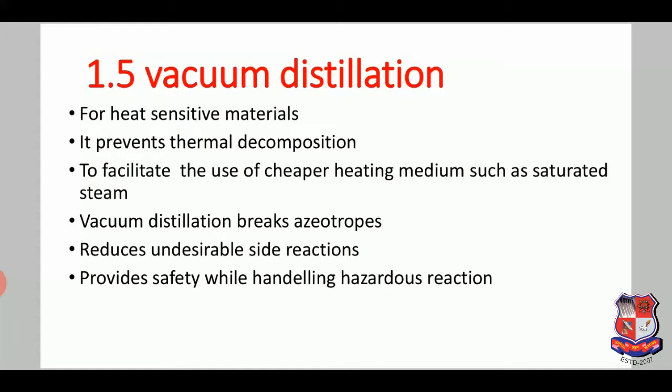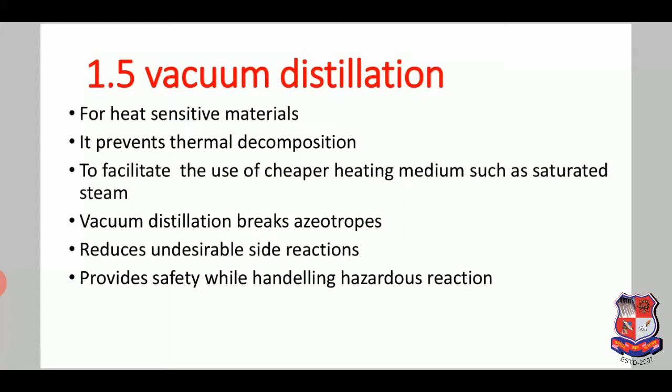So to prevent thermal decomposition of this type of pharmaceutical product, we need to reduce its boiling point below its cracking temperature. So vacuum distillation is particularly used for heat sensitive materials, just to prevent thermal decomposition of the material.